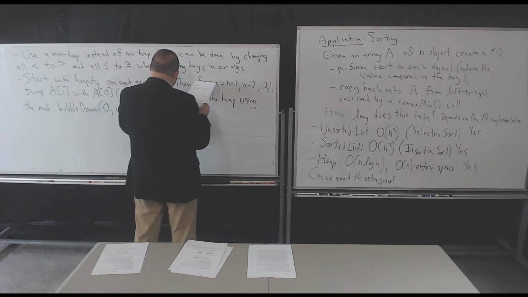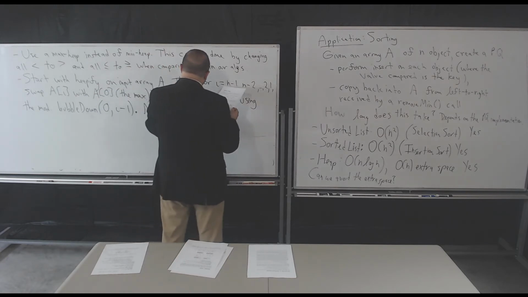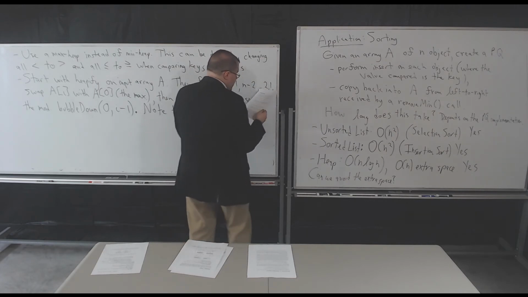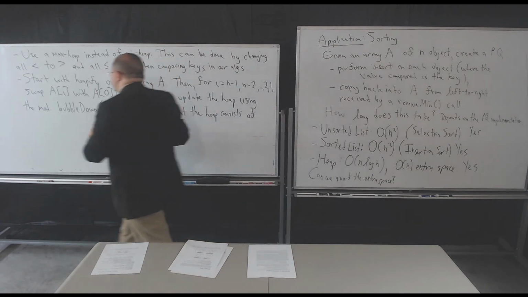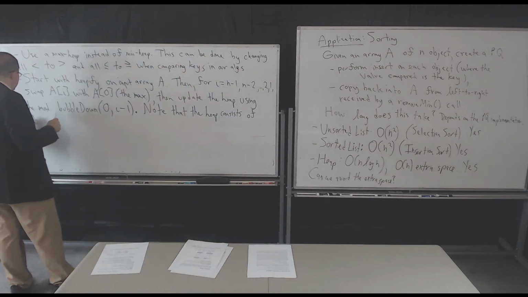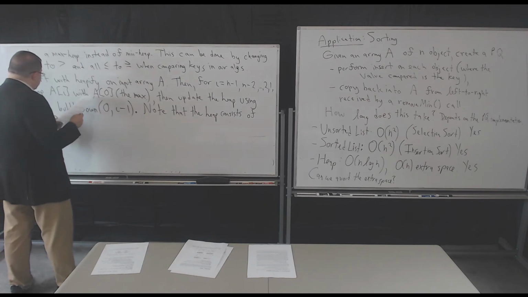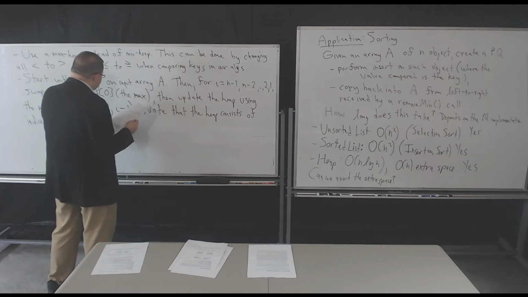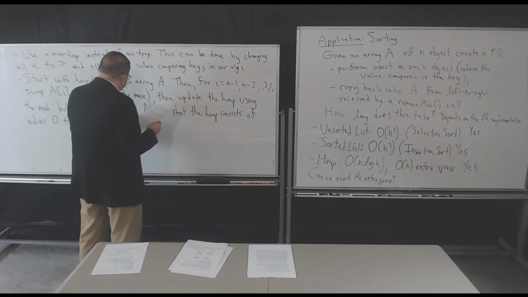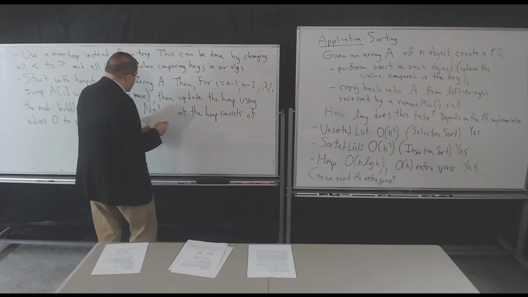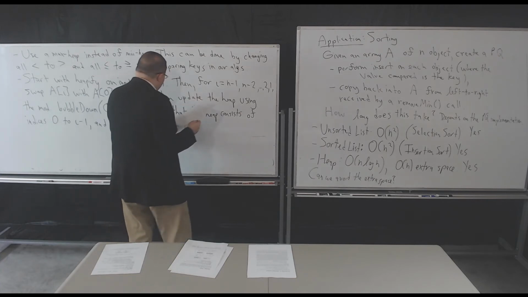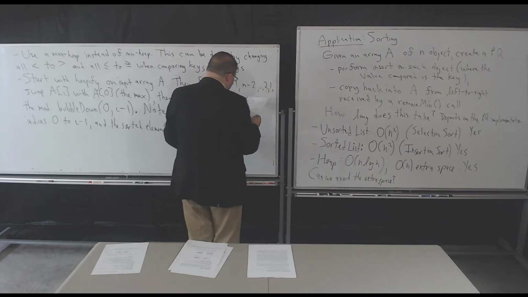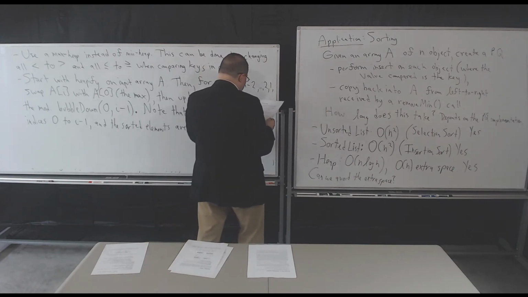Note that the heap consists of indices 0 to i minus 1, and the sorted elements are in positions i to n minus 1.